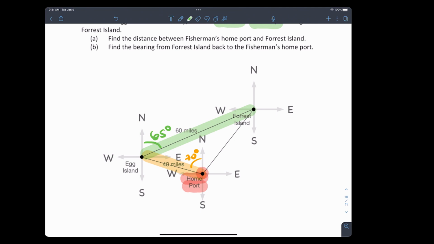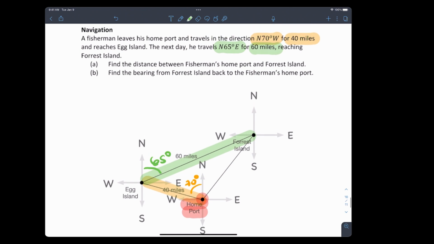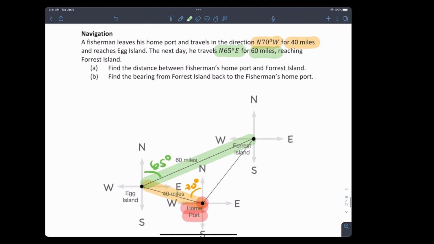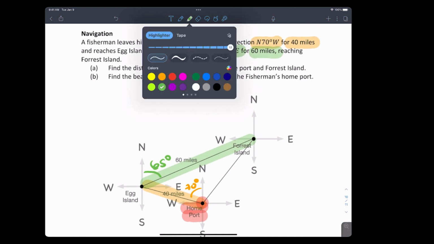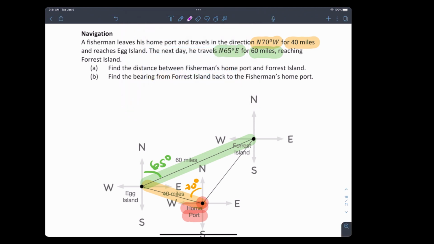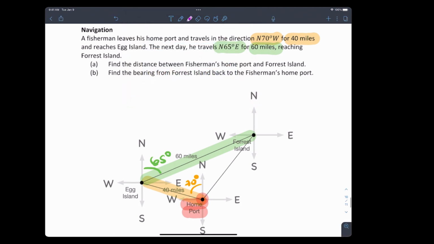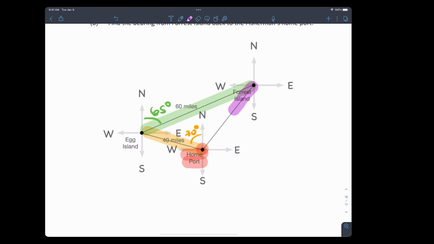Okay, you guys okay with that? And then you say, okay, find the distance between the home port and Forest Island. So again, from yesterday, they want this distance D. All right, you guys okay with that?